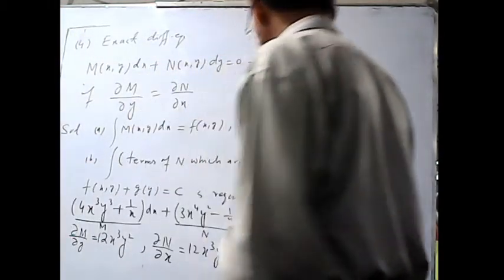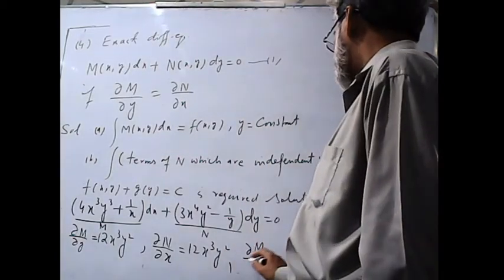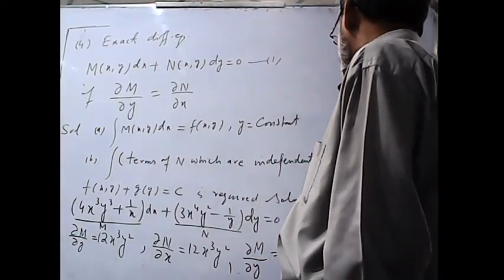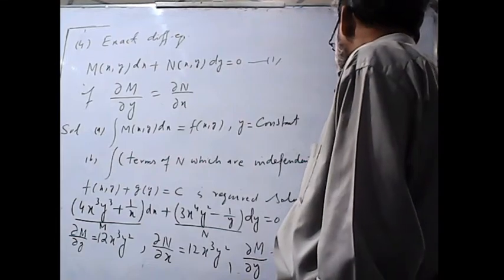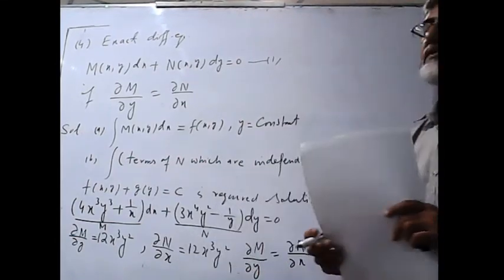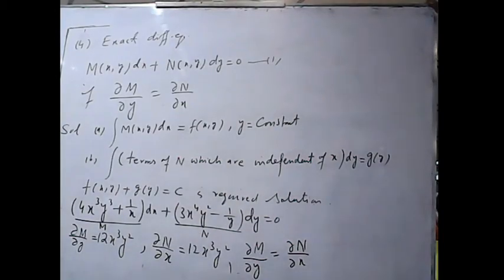So you can write ∂M/∂y is equal to ∂N/∂x. So this equation is an exact differential equation because the equality holds, which is the identification of an exact differential equation.